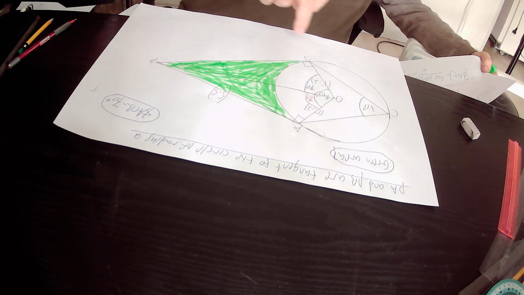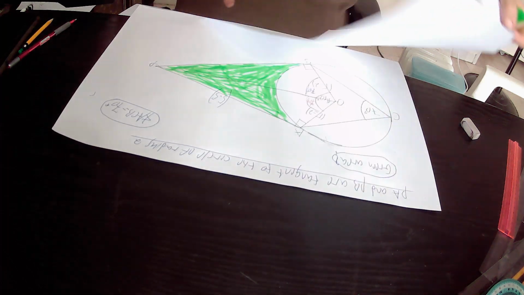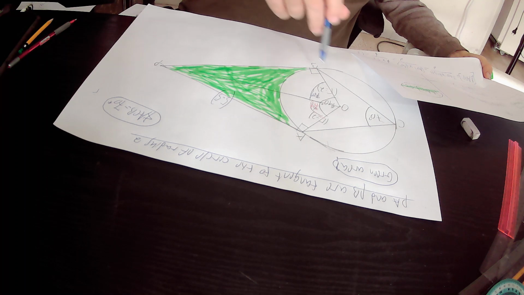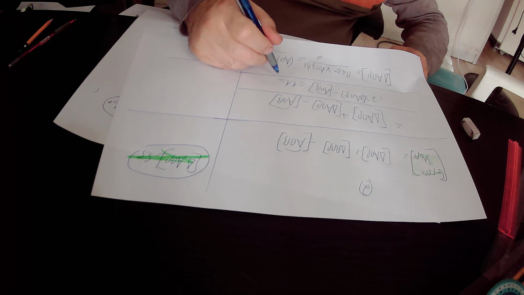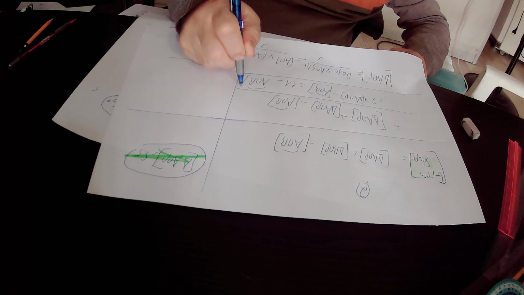Therefore, the area of quadrilateral AOBP equals 11 square units, and we have to subtract from the area of this quadrilateral AOBP the area of this sector AOB. So it is 11 minus the area of sector AOB. What is the area of sector AOB?